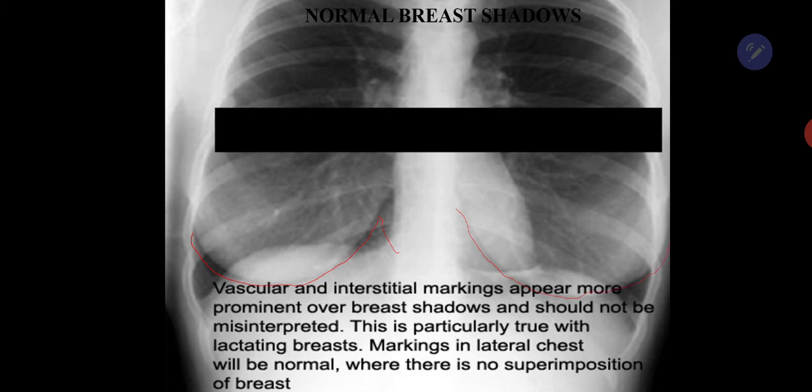And the vascular and interstitial markings over breast shadows appear more prominent. And these should not be misinterpreted as increased bronchovascular markings. This is particularly true with the lactating breasts, where there is increased prominence over the breast shadows.